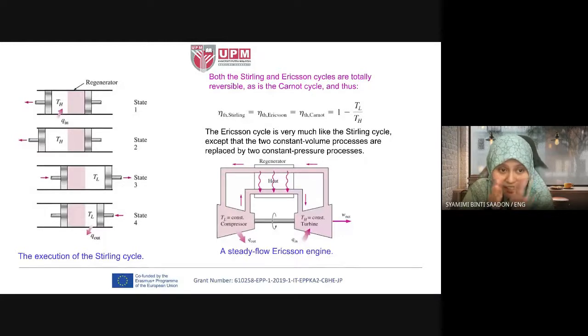So the piston can start to expand or compress. Of course, expansion first due to the heat. Okay, so that is the interesting part about the Stirling cycle. It is an external combustion engine, not an internal combustion engine.